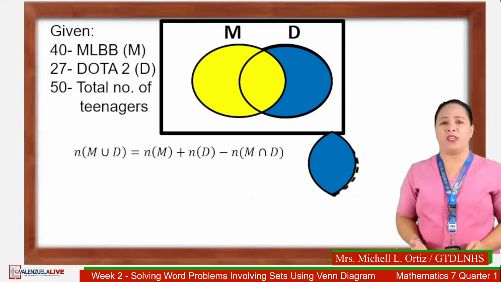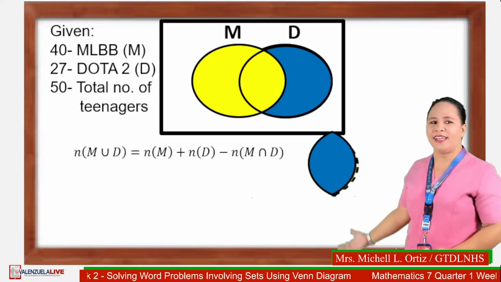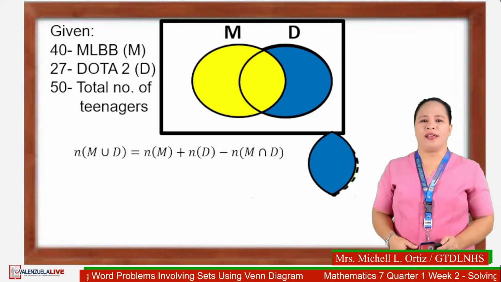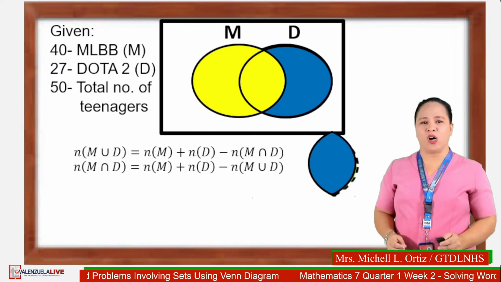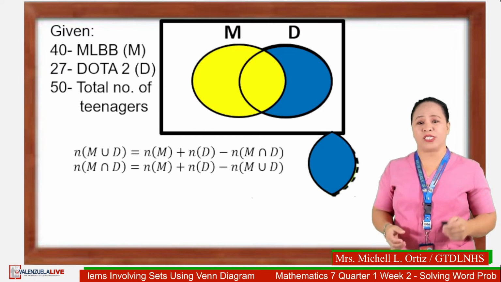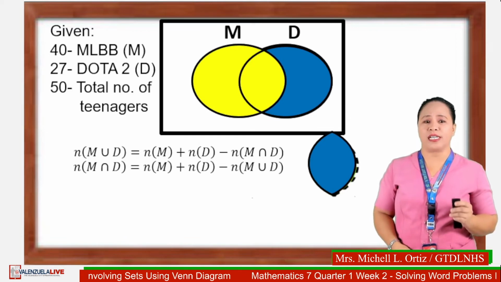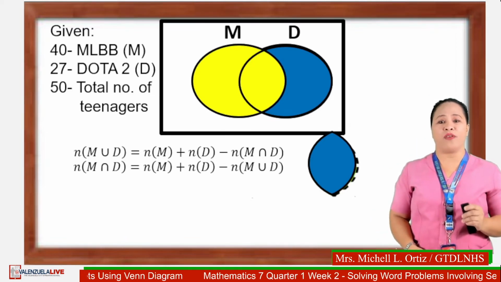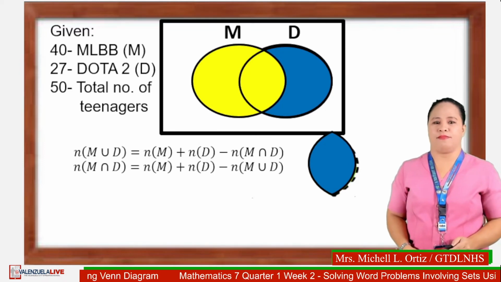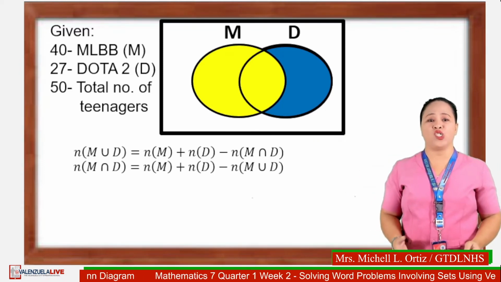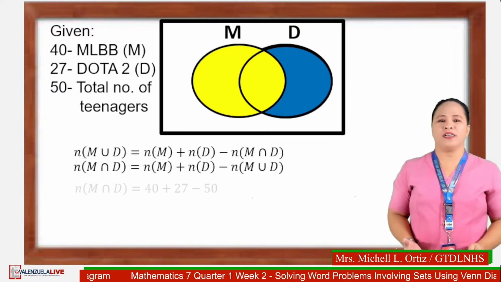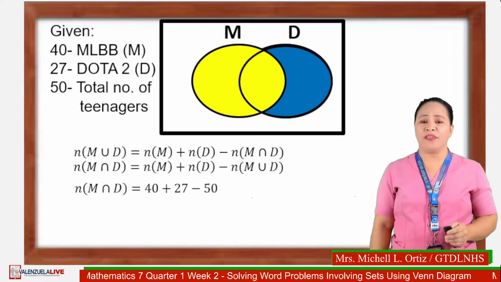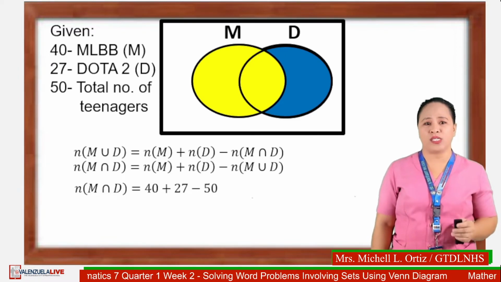It will also follow that in order to get the cardinality of this region, we can use the formula: the cardinality of the intersection, or M intersection D, is equal to the cardinality of M plus the cardinality of D minus the cardinality of M union D. Substituting the information given in our problem, the cardinality of M is 40, the cardinality of D is 27, and the cardinality of the union of these two sets is 50.